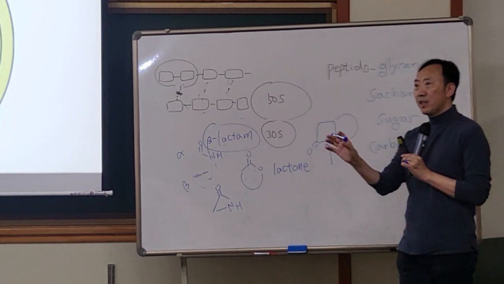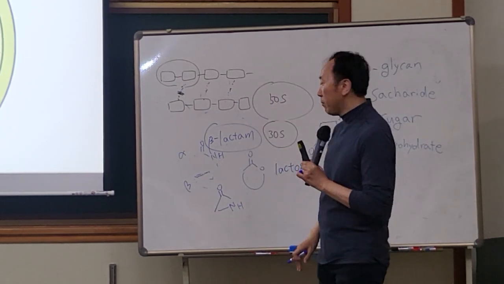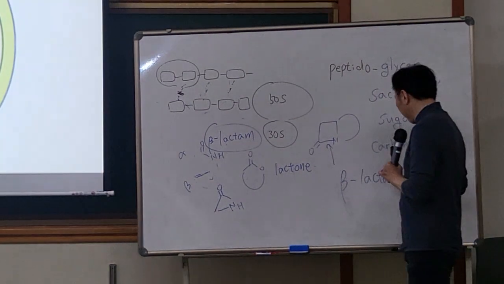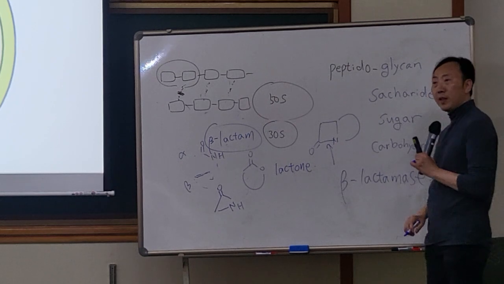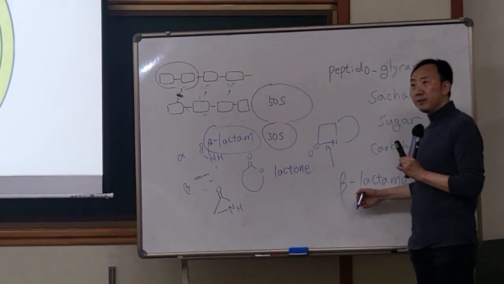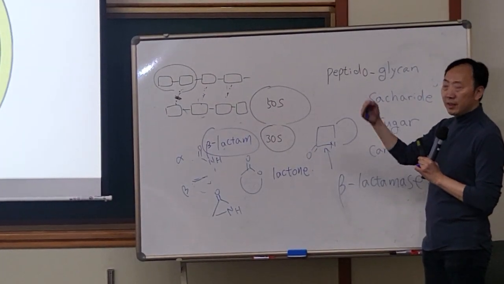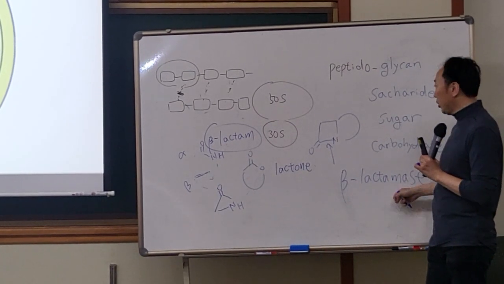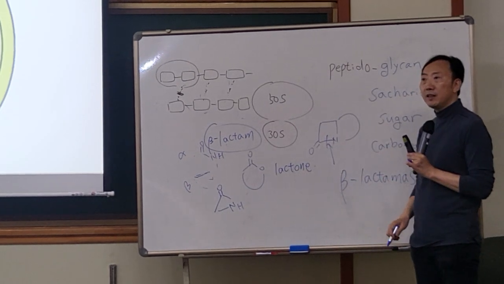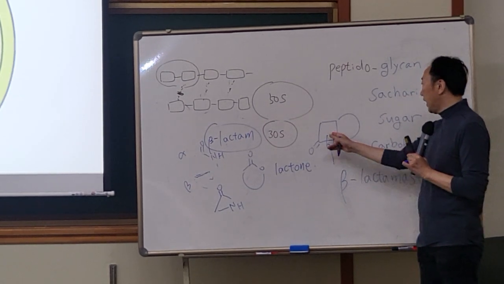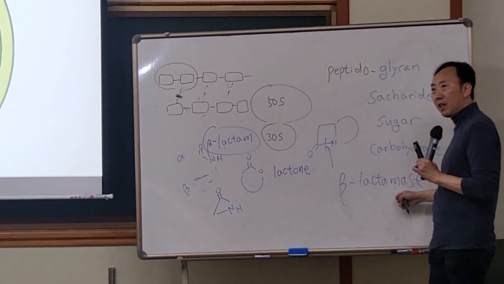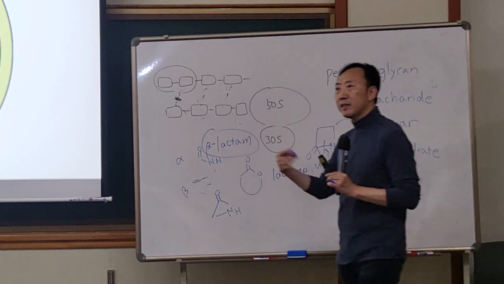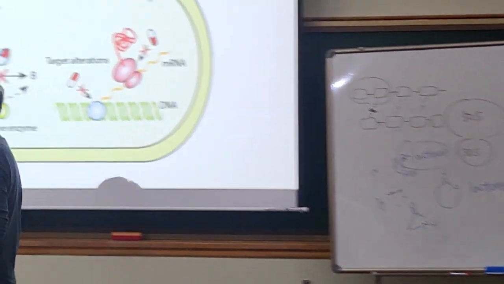Penicillin binding protein is a worker that makes this cross-linking, but they generate another enzyme, beta-lactamase. This kind of new enzyme can evolve, and anytime a new beta-lactam comes into the cell, they break it. It's easy to break because it's energetically unstable anyway. It just cleaves and hydrolyzes it, and then it can be catalyzed for the destruction of those molecules.